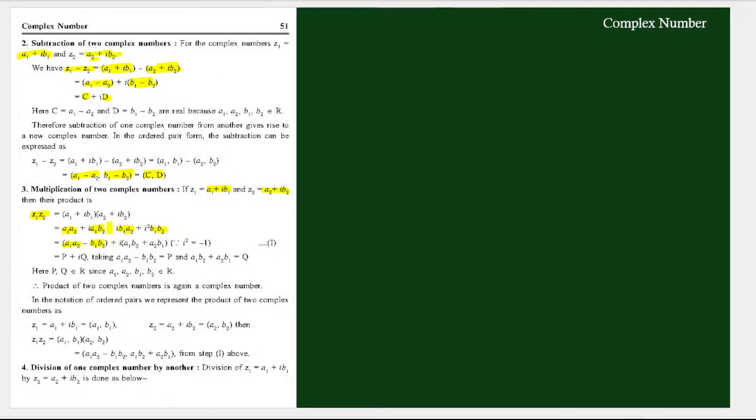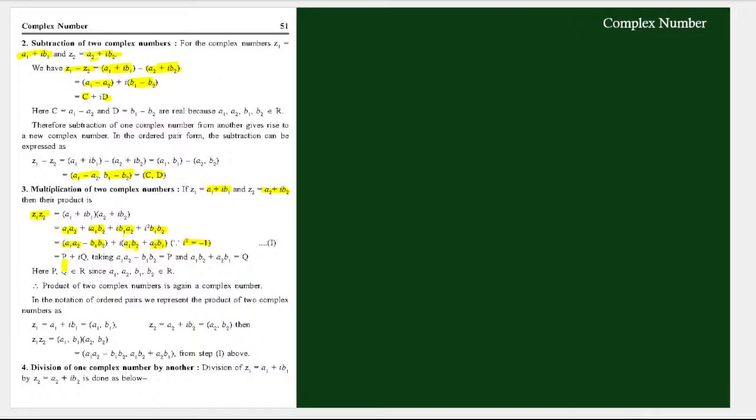ठीक है. Then what is the common now? We have to take I common here. I A1 B2 plus A2 B1. A2 B1. A वाला पहले लिखा. Why? Because I square is a -1. Now this becomes a real, this becomes your negative. So imaginary.